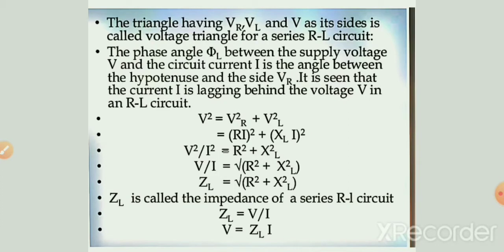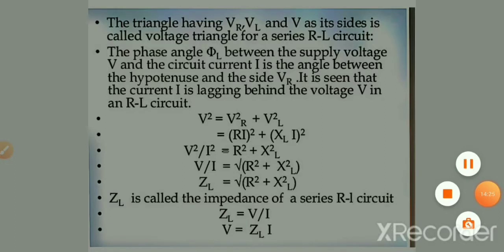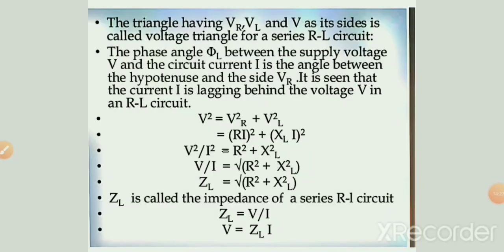And if we apply the Pythagoras theorem for V equal to VR plus VL, we get V square equal to VR square plus VL square. And we know that VR, the voltage drop across the resistance, is I into R, and VL is XL into I, because I is the same.